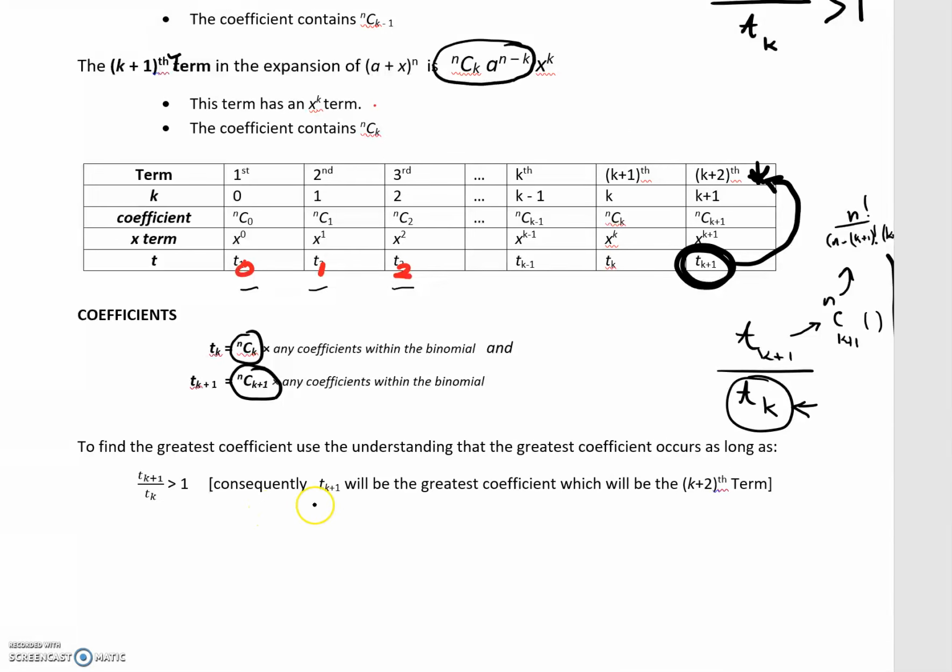But here it says correctly that this will be your greatest coefficient, but it belongs to the k plus 2 actual term.